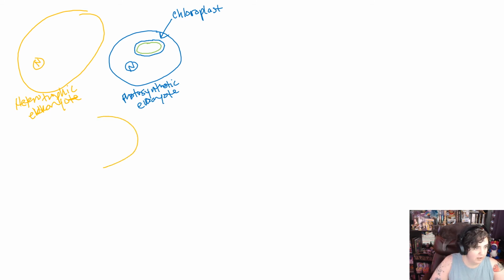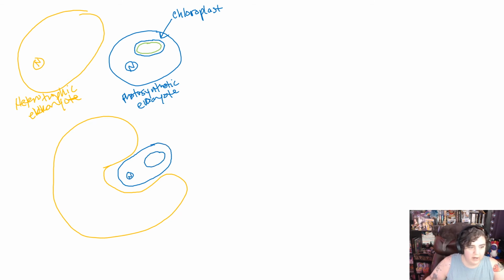Okay, so what we're going to get here, I'm drawing it bigger, is our smaller eukaryote is going to be engulfed here, right? So we have our nucleus, we have that membrane from the original engulfing, right? And then we have our green membrane from when it was a bacterium, okay? So we have a secondary engulfing, right?